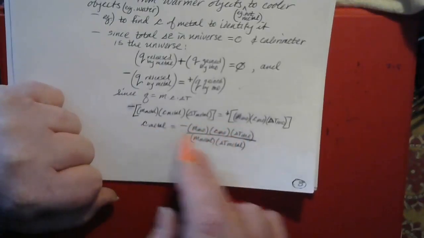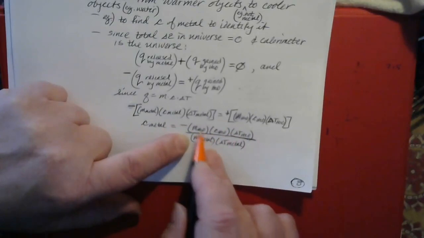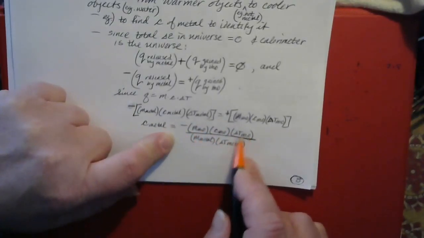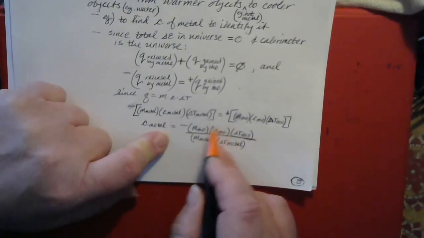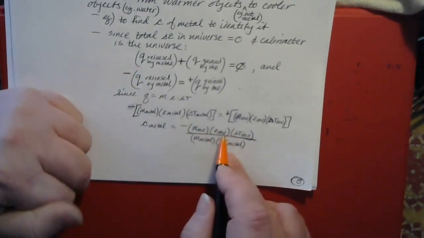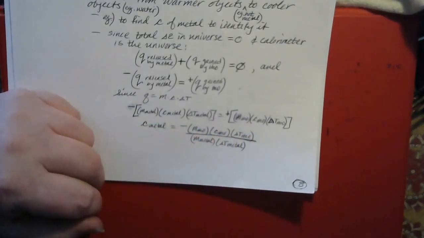The masses of the water and the metal would have to be given to you in a problem, and the changes in temperatures would have to be given to you also. The C of H2O you can look up, that's 4.184 joules per gram degree Celsius. And from that, you can end up with C of metal.